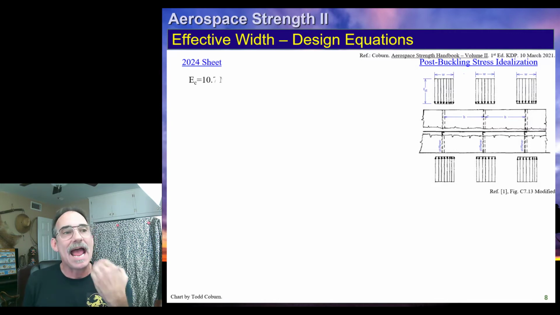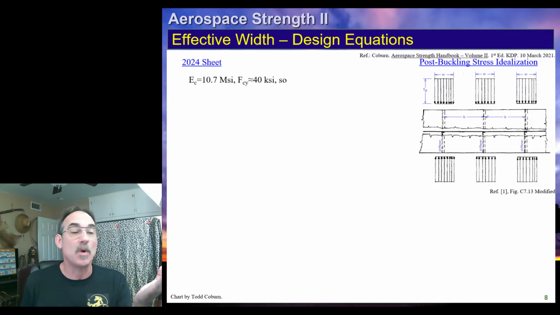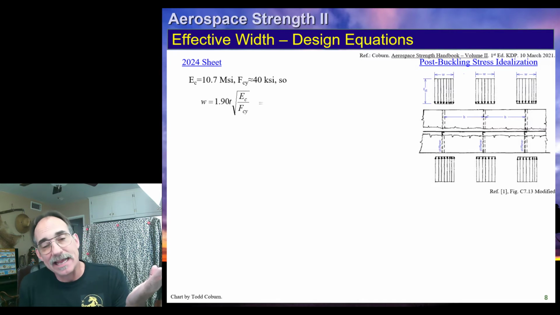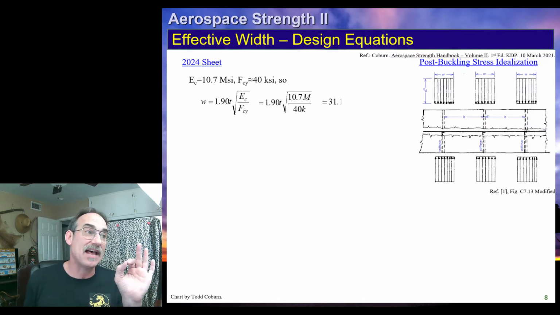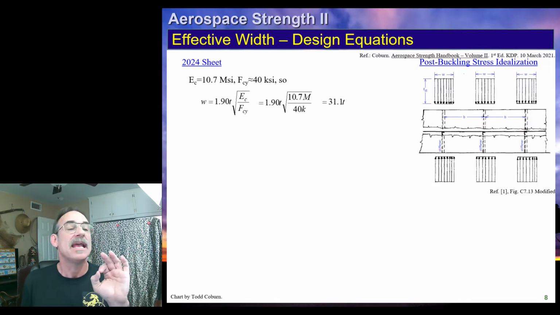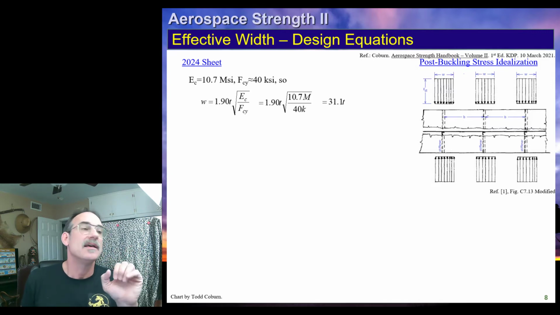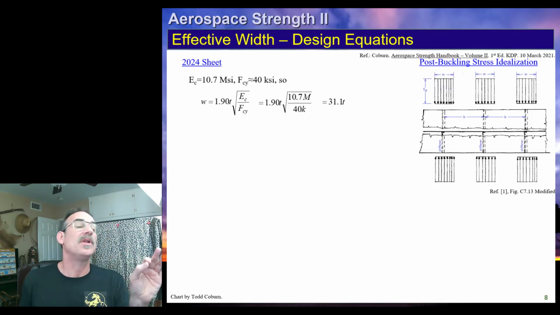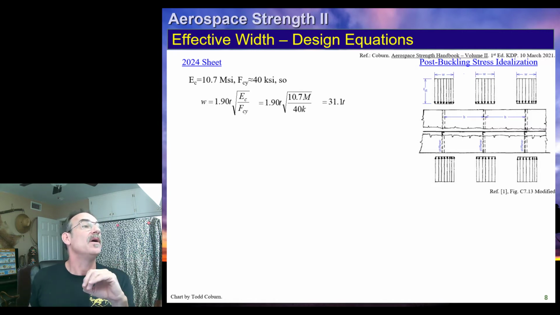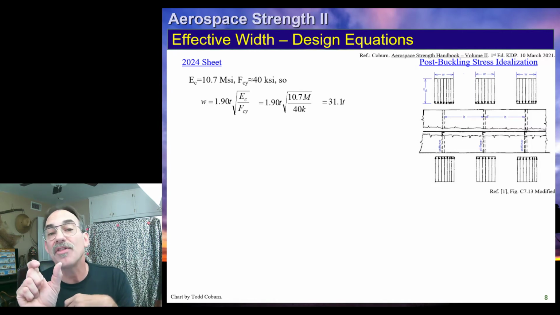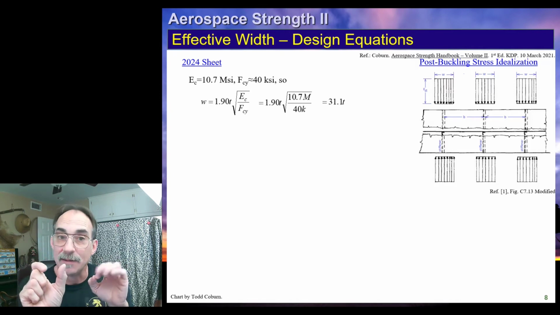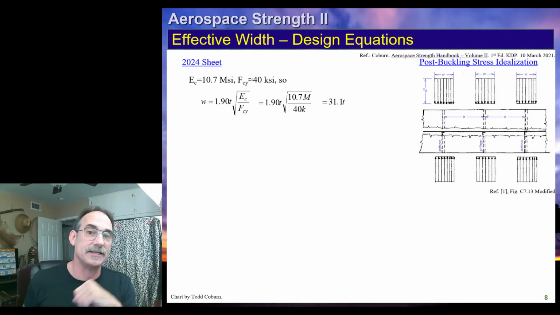If we had a skin that was 2024 sheet, we get a compressive modulus of about 10.7 million psi and a yield strength of about 40 ksi. If you plug these values into our design equation, you find that our effective width is about 31.1 times whatever the skin thickness is.